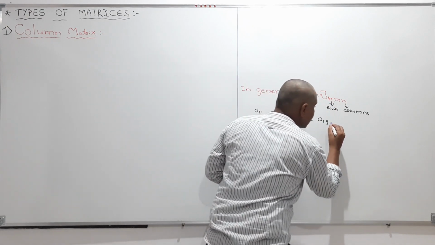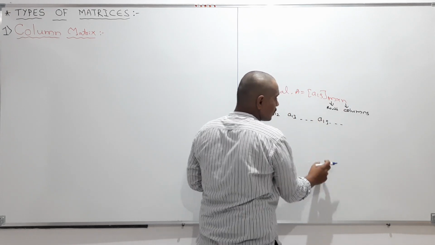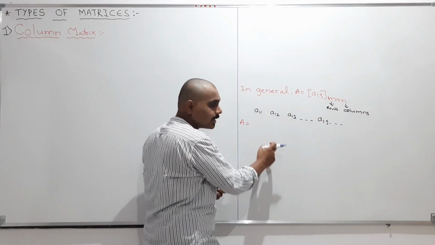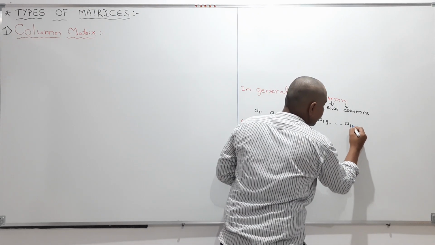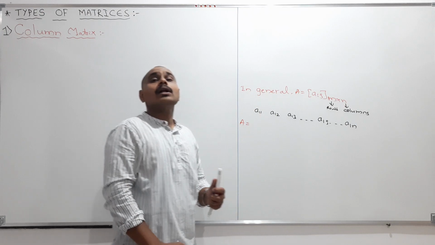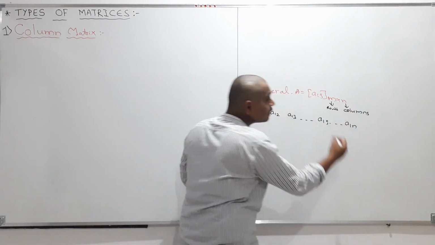And lastly, how many columns are there? N columns. So this is the jth column, this is the third column, this is the second column, this is the first column. Therefore the last one is A1n. A1n means first row, nth column element.